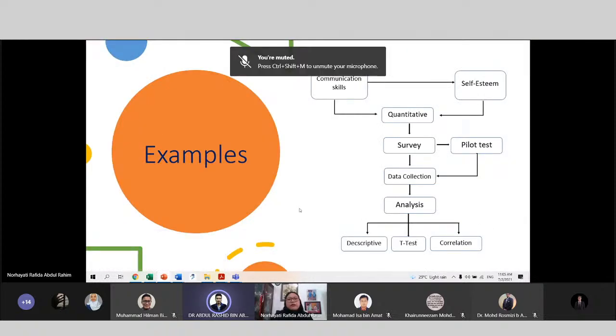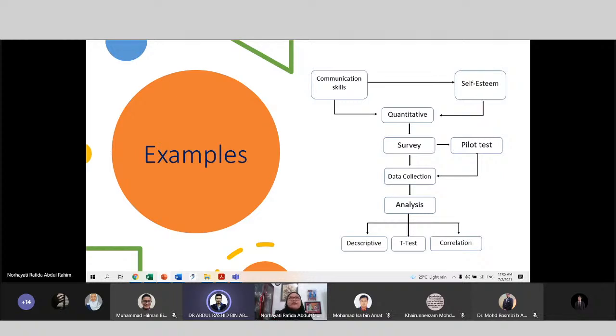How to choose among EFA or CFA? If you want to do a CFA, you must do EFA. You can't choose. But if you want to stop, especially when writing journals, if you want to share about your EFA, it's okay. We start with EFA, and then we finalize with CFA.